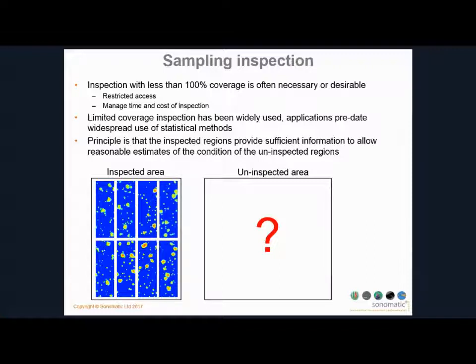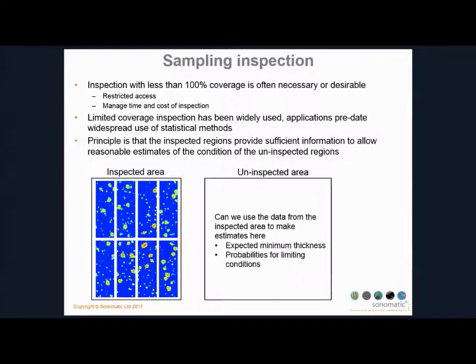So the basic approach is that we would have a certain amount of area that we can carry out an inspection on and an uninspected area. So the question is then, can we use the data from the inspected area to make some estimates for this uninspected area? And the kind of things we might be looking for is, what's the expected minimum thickness over this area, and what's the probability that we may exceed some limiting condition?